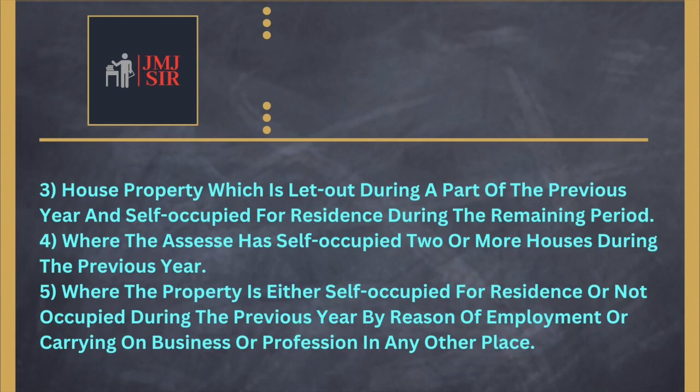So, according to the provisions of the income tax, these are all the conditions or situations in which we are supposed to calculate first the gross annual value and then the net annual value of the house property.